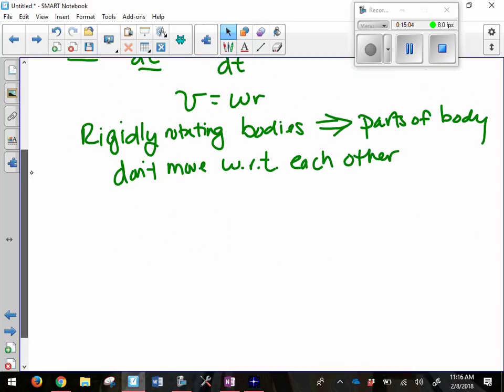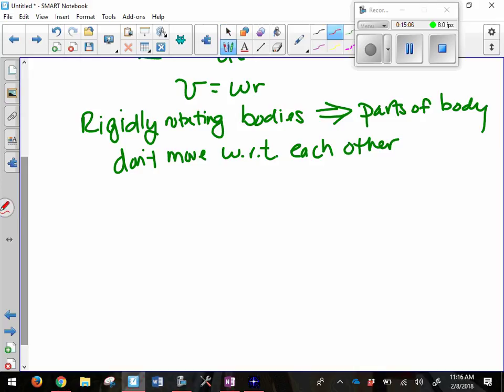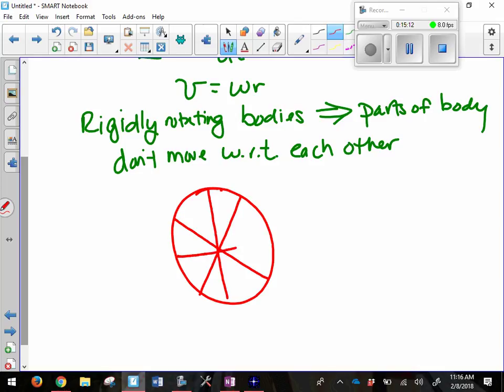But if we keep all of this in mind, here's, for instance, my bike wheel with the spokes. And that bike wheel is going to rotate around its axis of rotation in the middle. And also remember that for a rigidly rotating body, all parts have the same what?